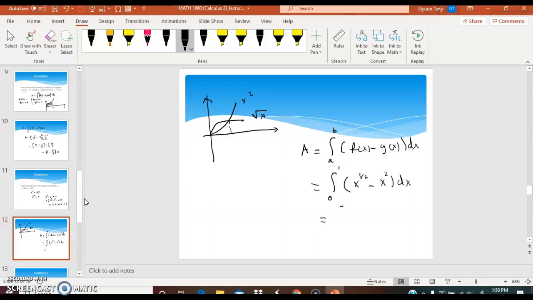Then when we do the integration, we get x raised to the power of 3/2 divided by 3/2, minus x cubed over 3, from 0 to 1. That is going to give you 1/3.